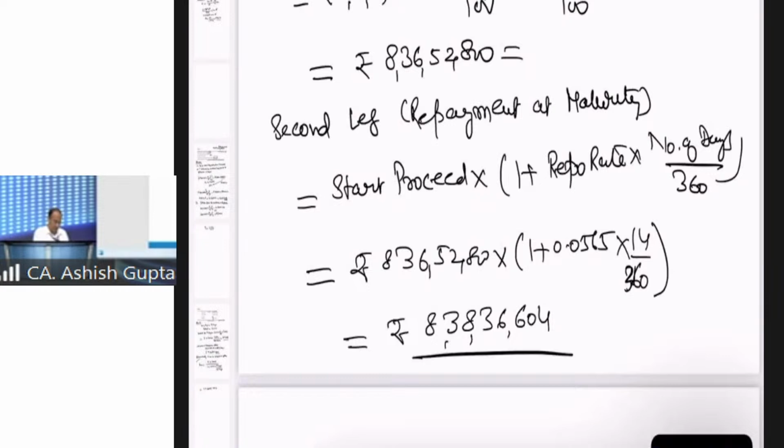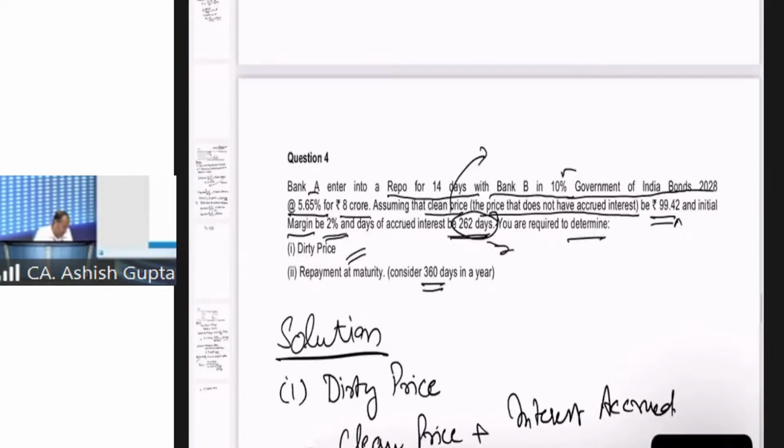By paying back this amount, the bank will get back its securities. So this is the repayment at maturity.